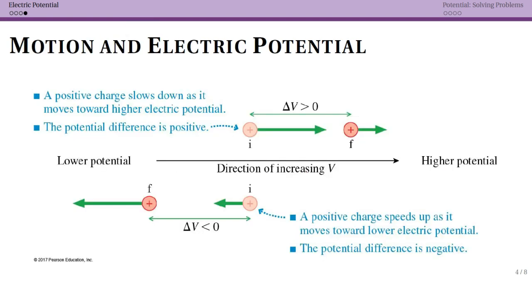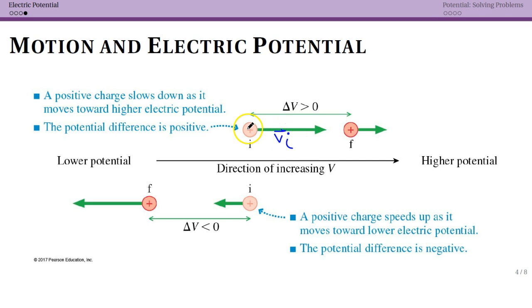So last, we can start to think about potential energy, electric potential, and motion. And again, we talked about motion with electric potential, so this is similar, it's obviously related, but we can directly use electric potential rather than using potential energy. If we have a positively charged particle, note that its initial velocity is here.